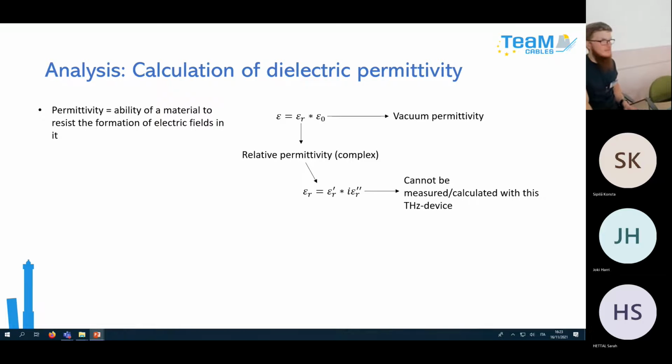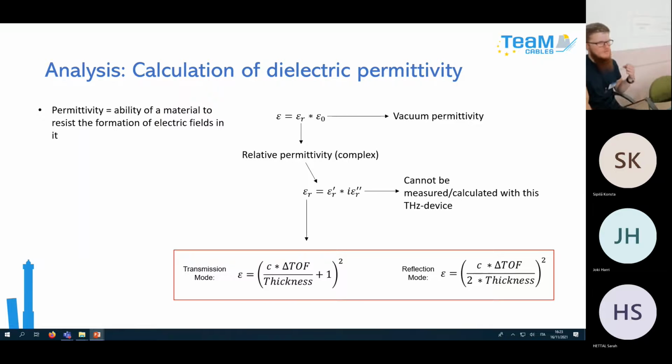What we instead can measure and then calculate is the time of flight, and we can then get the relative permittivity. There are two formulas that are very important to calculate these. You can see them down here for the transmission mode and for the reflection mode.